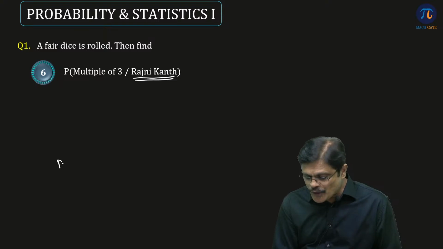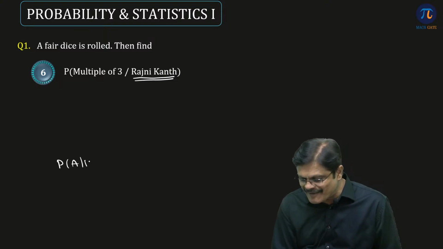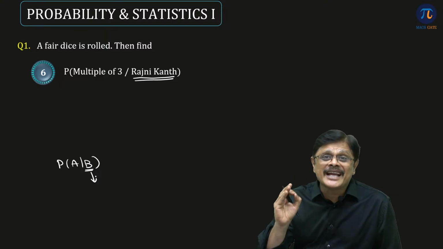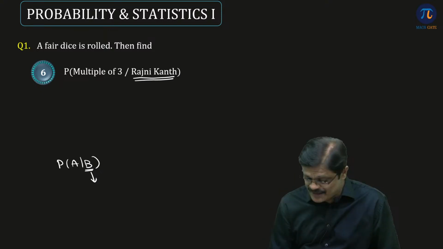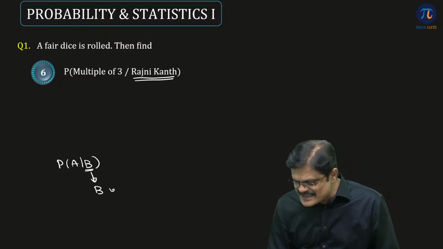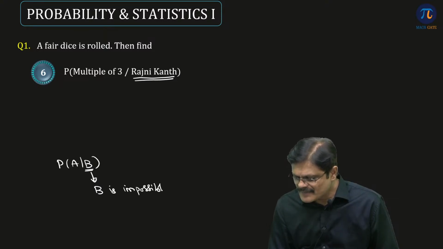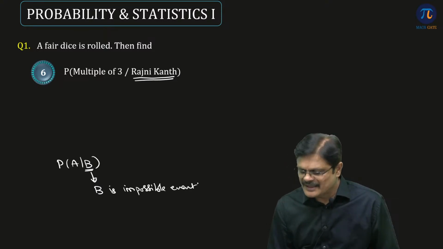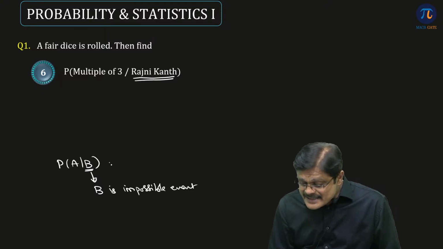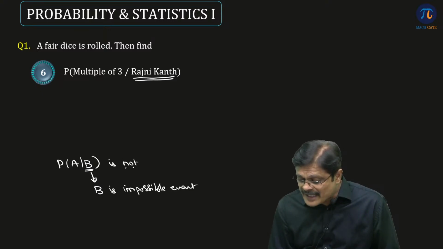So whenever you are looking for the probability of A given B, this B, that is what has already happened, must be a possible event. Suppose B is an impossible event, then this is not defined.